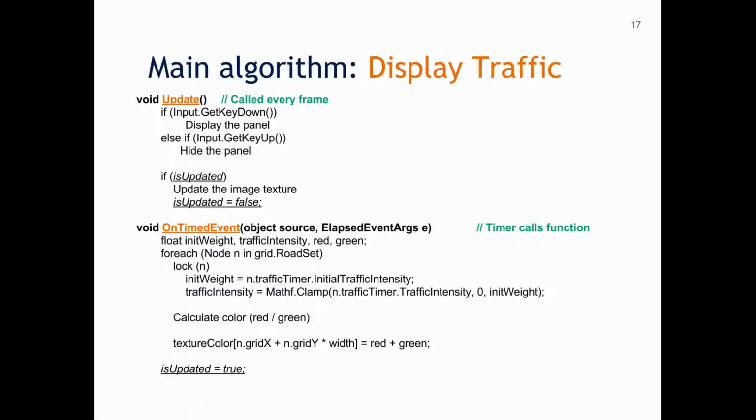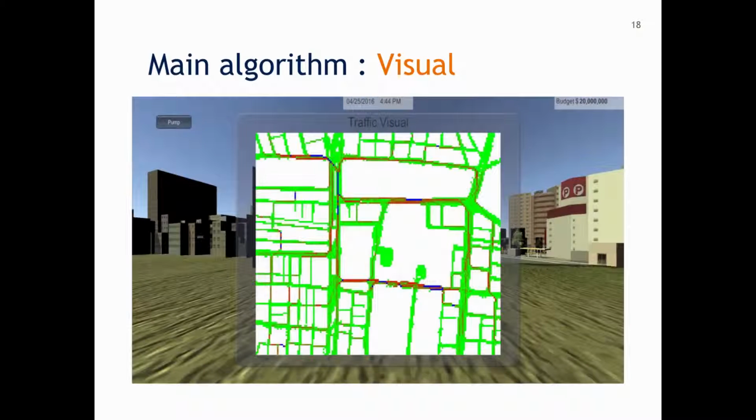In parallel or asynchronously, we have an onTime event function being called when the timer elapses. We thus go through a loop going through all road nodes, updating their color intensity. Then we set isUpdated to true. Here is a representation of the main algorithm as a visual.